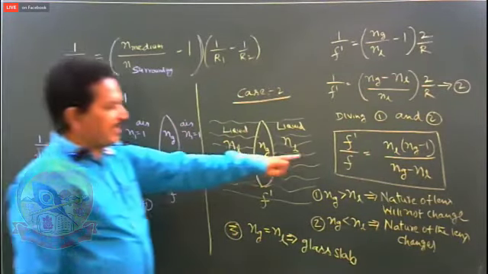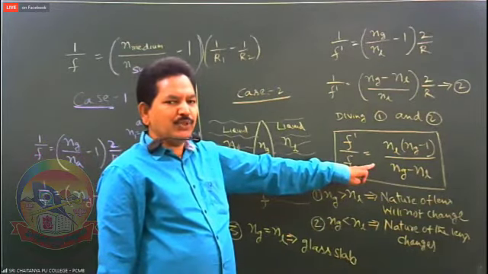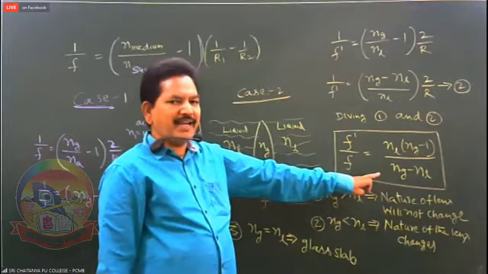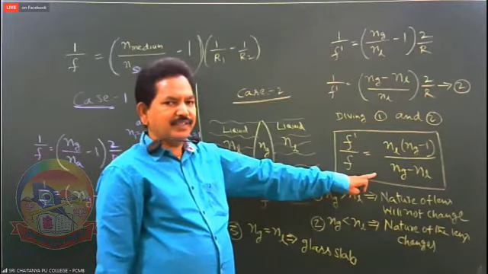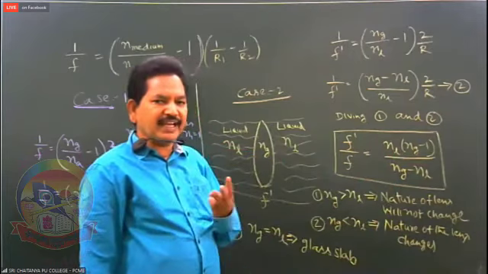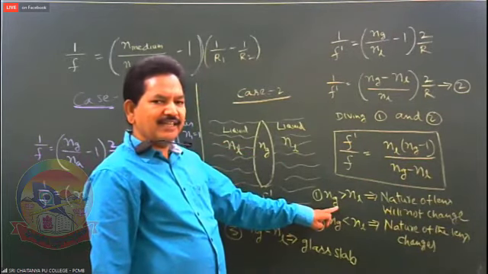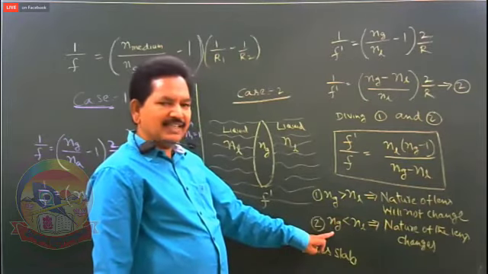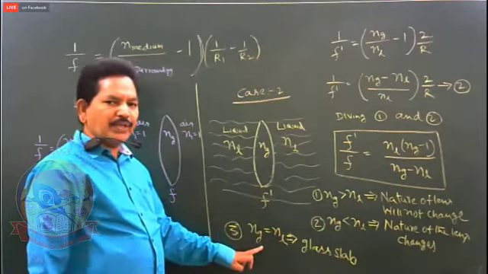F dash by F is equal to NL into Ng minus 1 by Ng minus NL. Based on the Ng and NL values, three conditions arise: Ng greater than NL, Ng less than NL, Ng equal to NL.